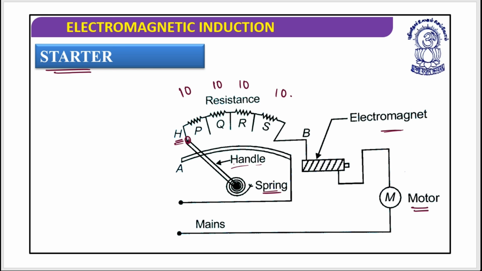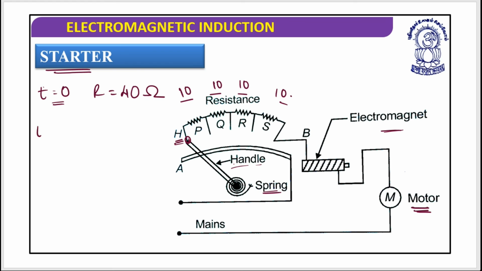Let's call this point H. So initially, with all the resistances 10, 10, 10, 10 at t equals 0, the resistance of this starter is 40 ohm, and at this instant you are providing the maximum possible resistance to your motor, which is your exact requirement.